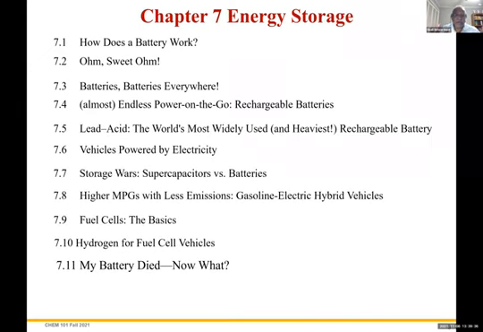Let me hold on this 7.5. One of the batteries that we use in cars, vehicles, is the lead acid battery. Most of you are familiar with lead acid batteries. They are rechargeable. They have sulfuric acid and lead oxide.